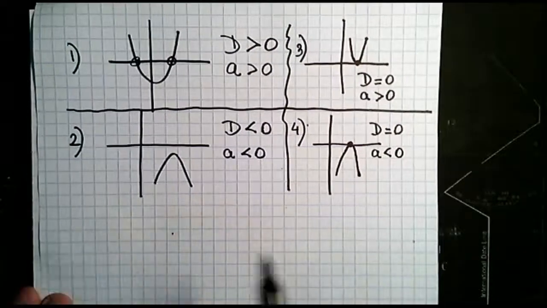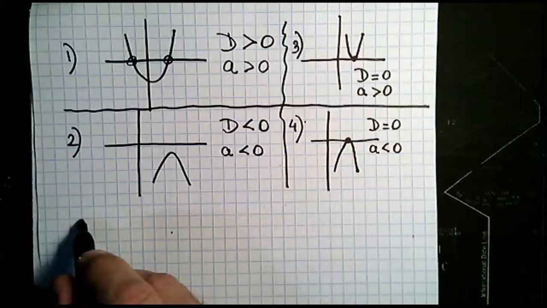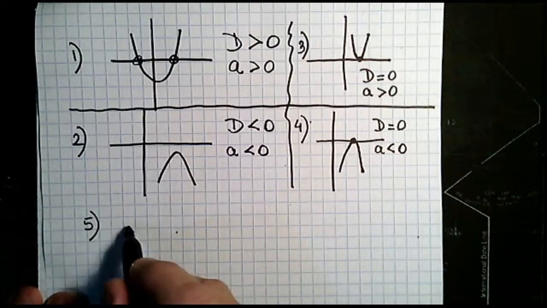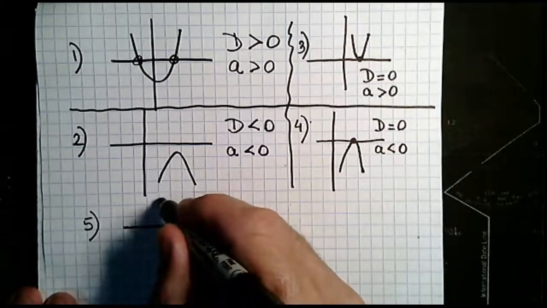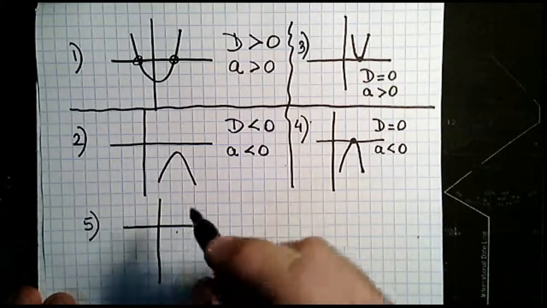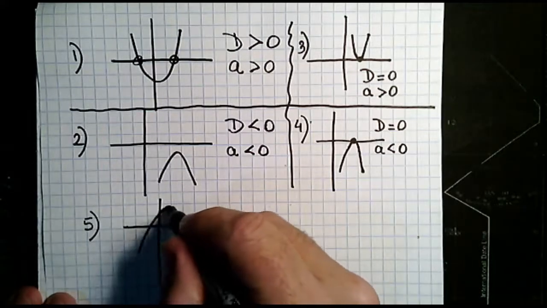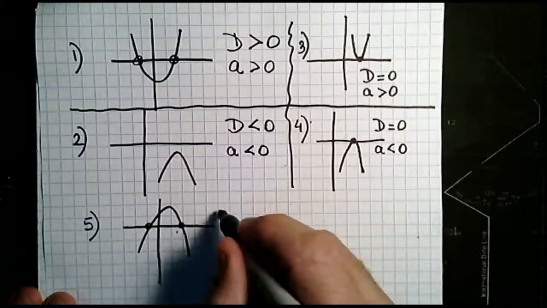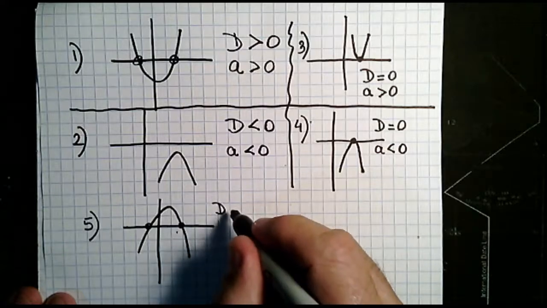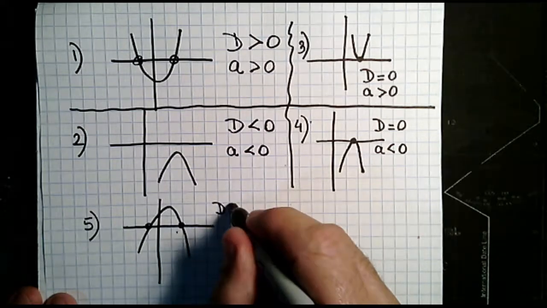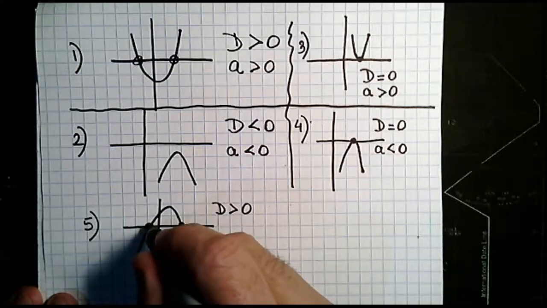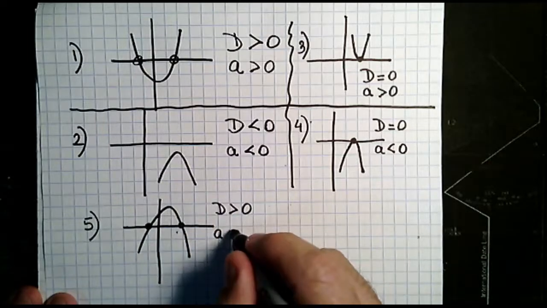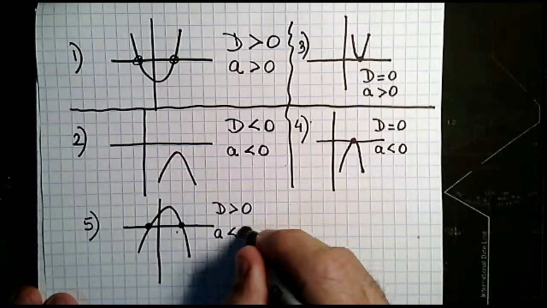Very good. So situation number 5. For situation number 5, we have a parabola cutting the x-axis. As you can see, the discriminant here is going to be greater than 0, because I have 2 real numbers as zeros, and A, because this is a sad face, is going to be less than 0.